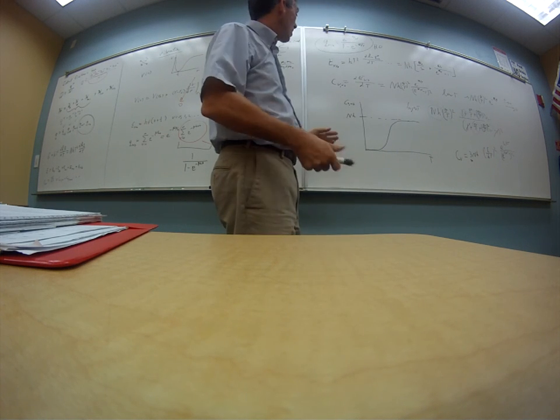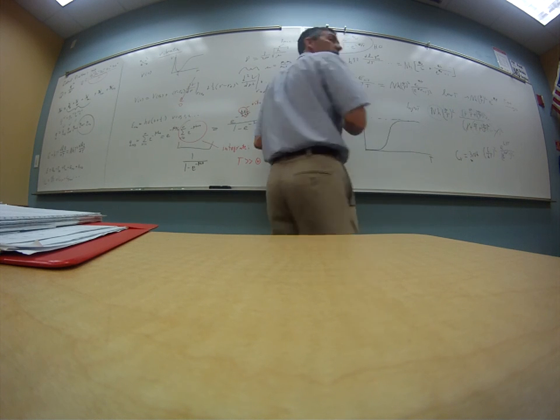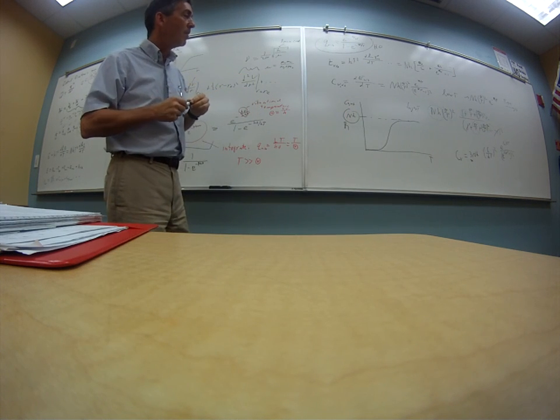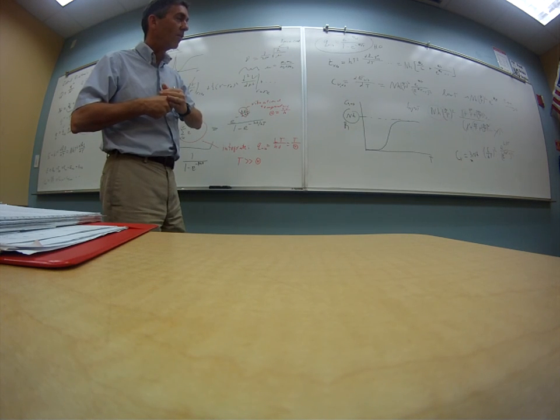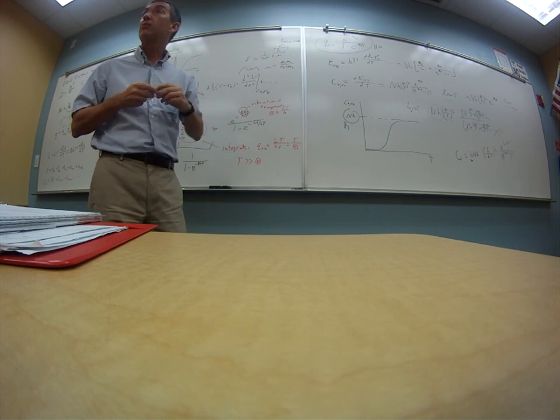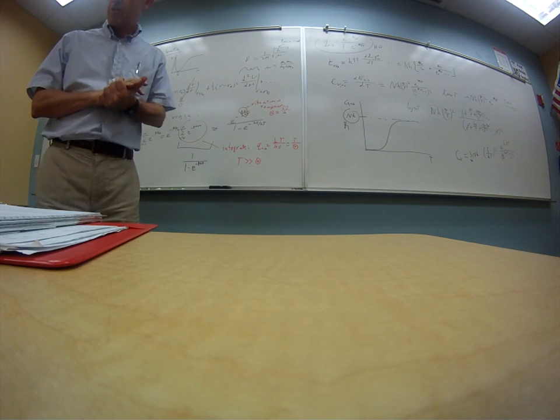Or if you're talking Avogadro's number of molecules, of course, this is just R. Which is in qualitative agreement with the Einstein formula for a crystal. Any questions?